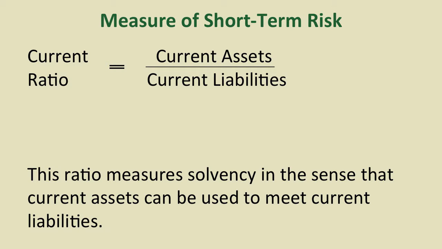In terms of the short-term risk, here we're going to talk about three major ratios frequently used by people. First one, current ratio. It equals current assets divided by current liabilities. Current assets are those assets expected to be converted into cash within 1 year or one operating cycle, whichever is longer. Current liabilities are those liabilities due in 1 year or one operating cycle, whichever is longer.